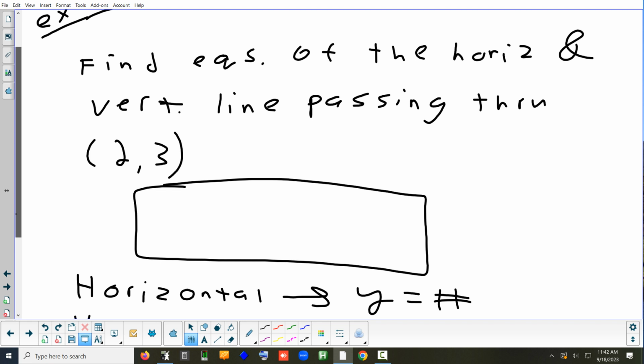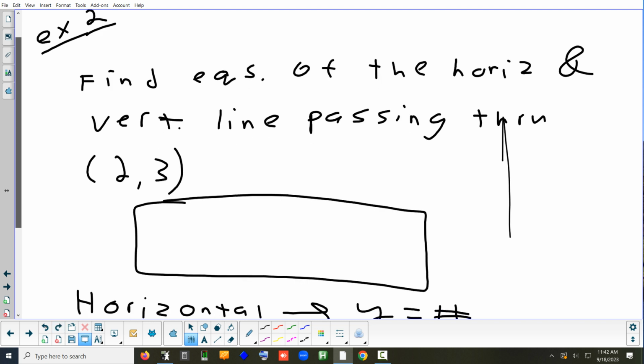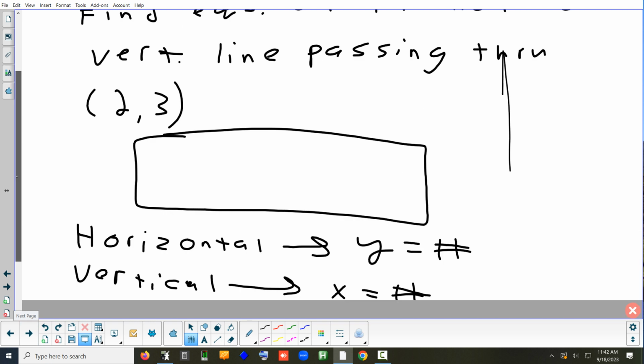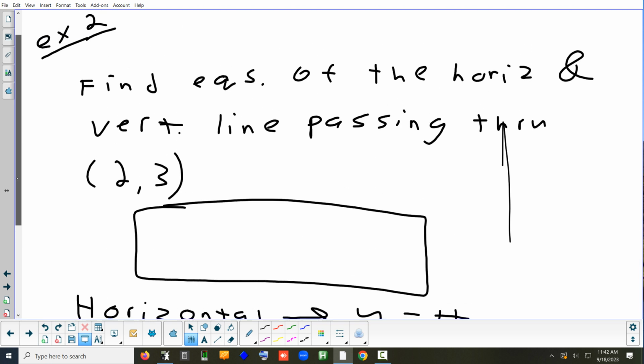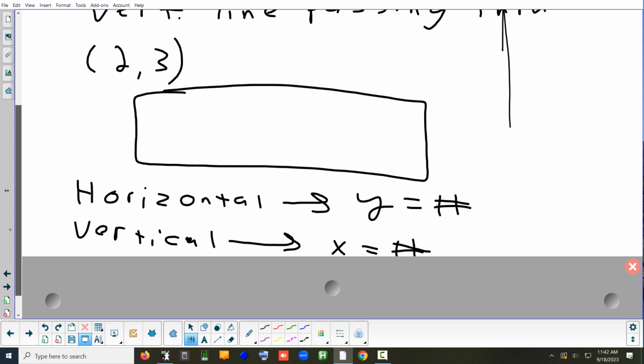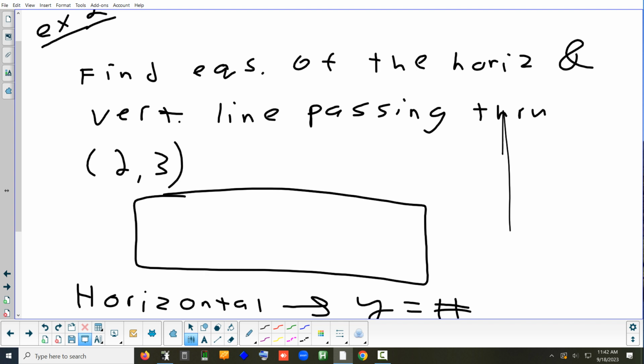So let's see if we can find two lines, one horizontal and one vertical, that go through the point 2, 3. I already gave you guys this part at the bottom. Horizontal line is y equals a number, vertical is x equals. We just wrote that down on the other page. So 2, 3.